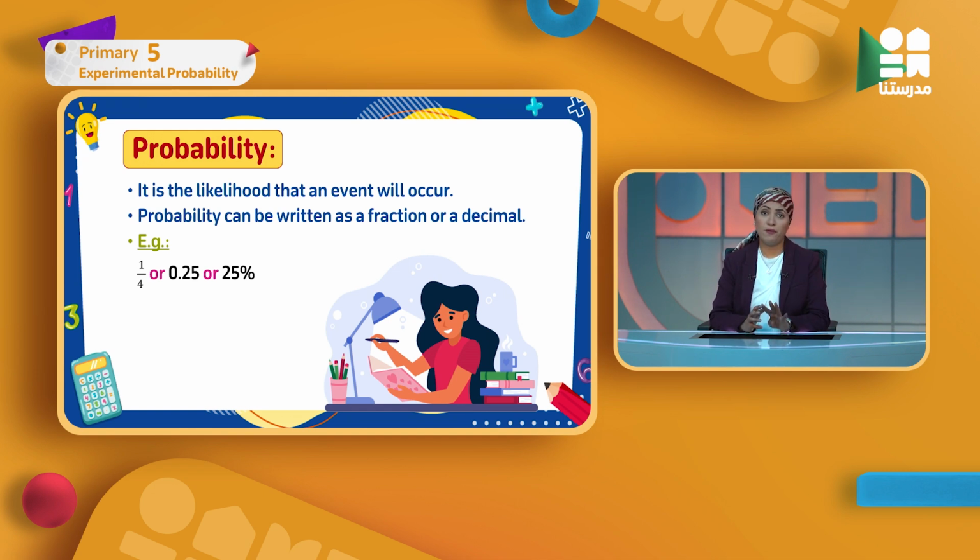If I have 4 possible outcomes, and this is what is written at the base here, and the probability that only one of them occurs or takes place, then it will be 1/4 or 0.25, and we learned this last year that 1/4 or quarter is equal to 0.25, or it can be written as a percentage, which is here 25%.